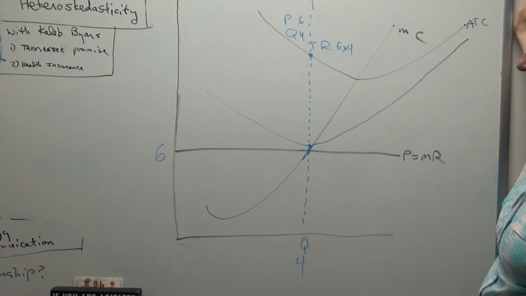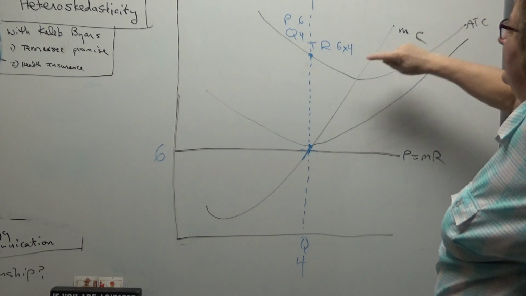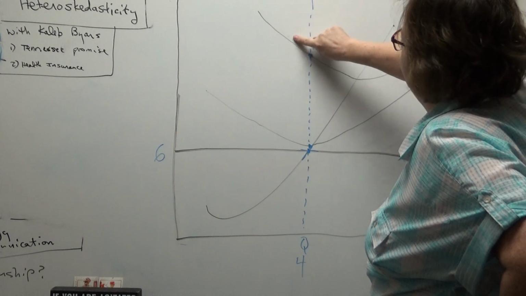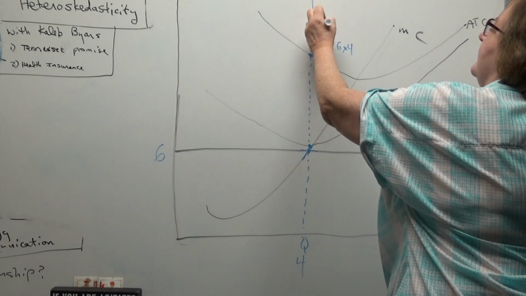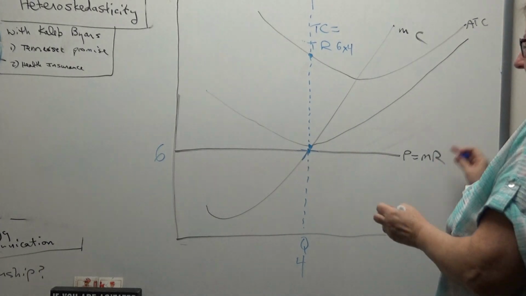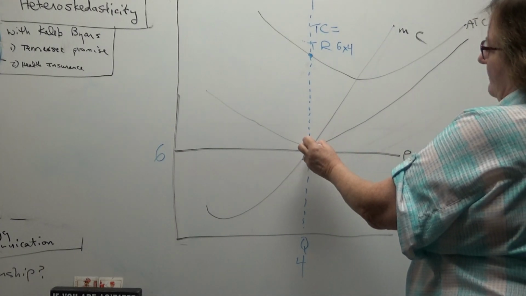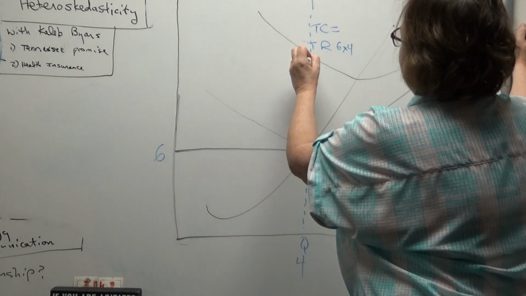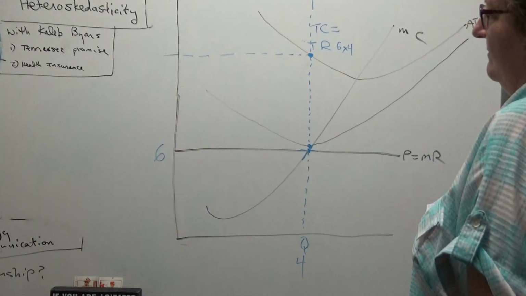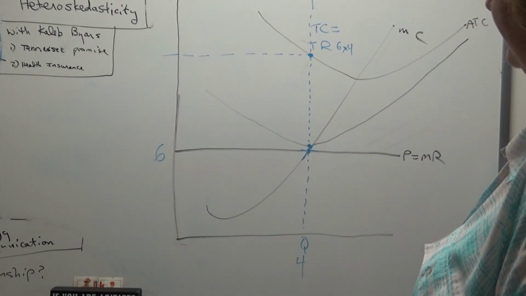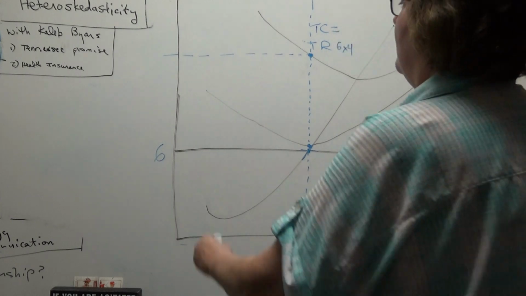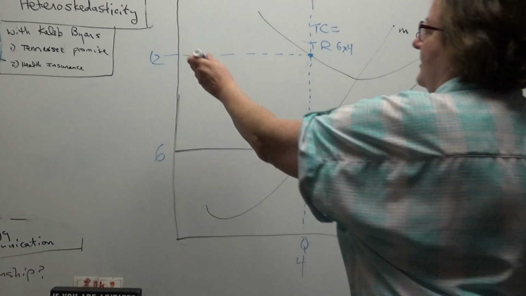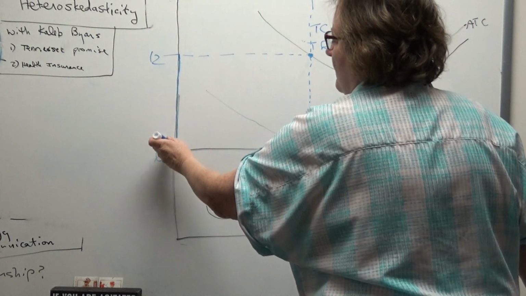So, what have we got here? I'm going to get rid of these just because we need space. Okay? Total cost. Well, we're going to have to find average total cost. So we're going to have to go all the way up to here at that same point and over, which looks like about 13, doesn't it? I'm going to say it's 12. 12 tall is the average. So if you have an average, what we want is the total.